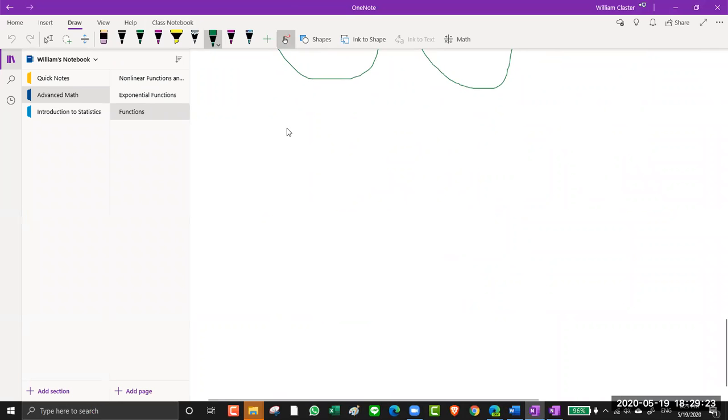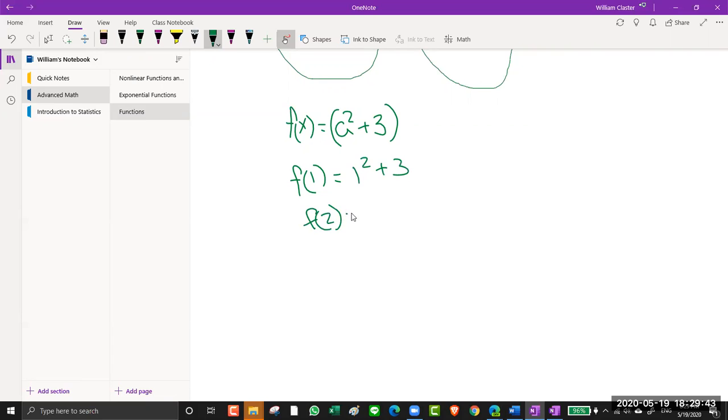Okay, just quickly, suppose we have f of x equals x squared plus 3. What's f of 1? 1 squared plus 3. What's f of 2? 2 squared plus 3, right?